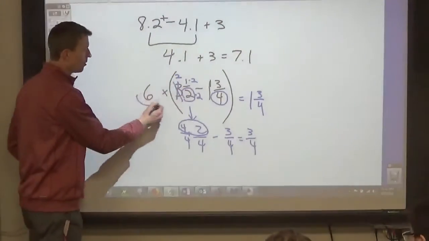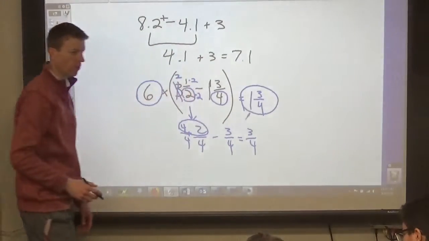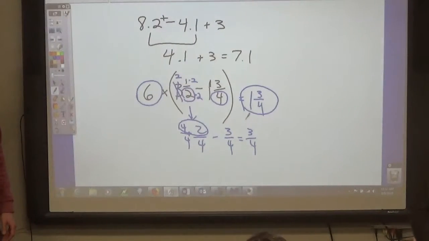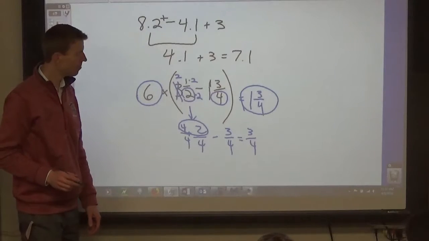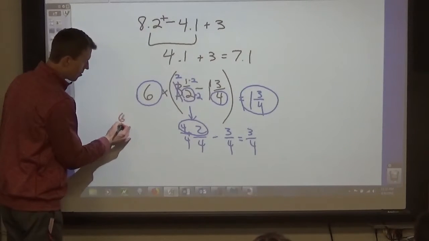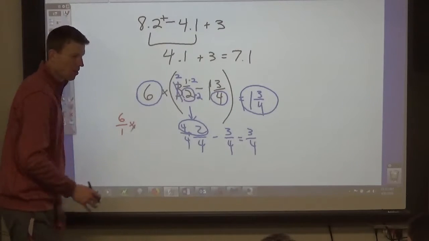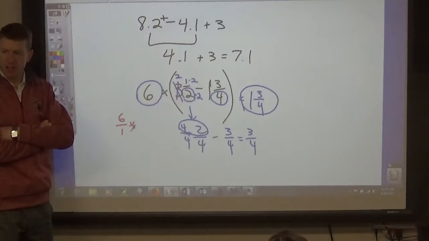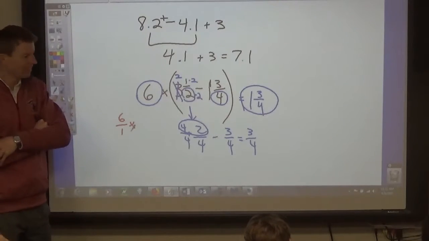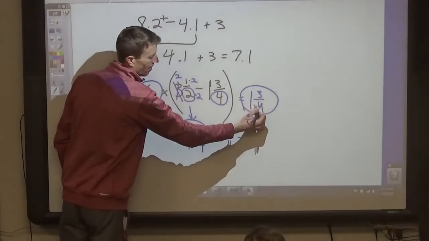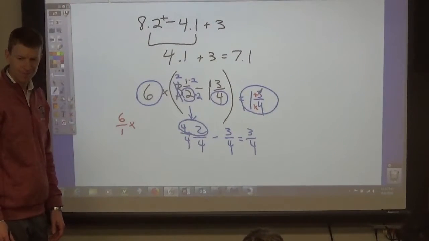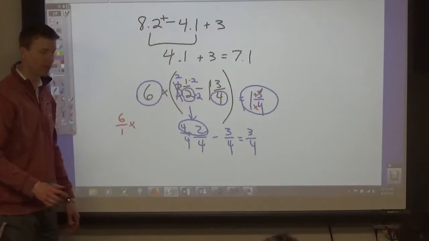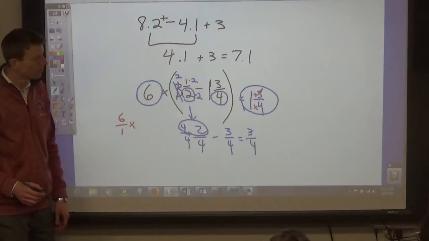Now we have to go back and multiply 6 times 1 3/4. No, it's not 6 3/4 because we have to multiply fractions times fractions. So you have to do 6/1 times 1 3/4 as a fraction. We need to put it into a top heavy fraction. What is the top heavy fraction? 7/4.